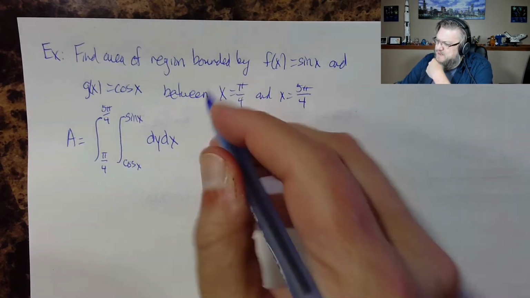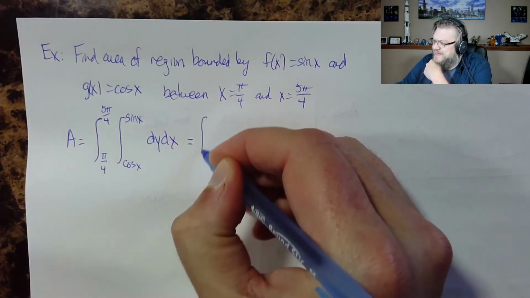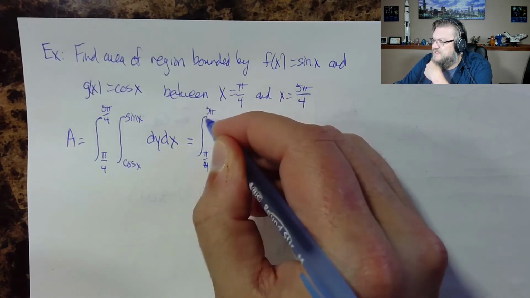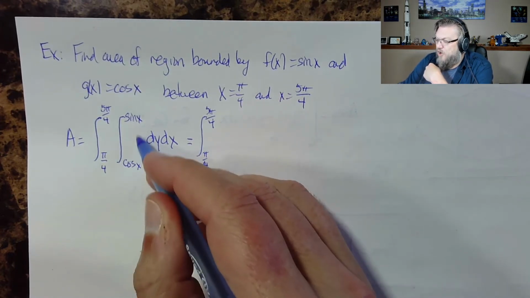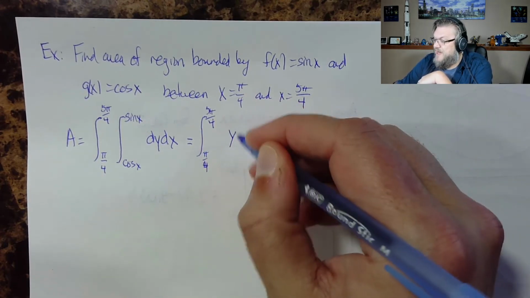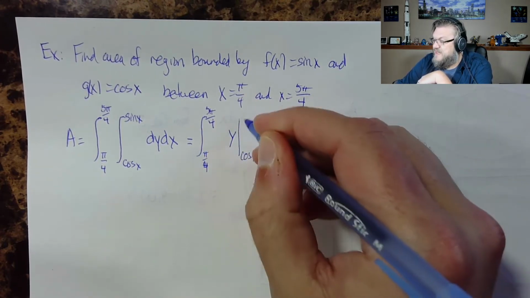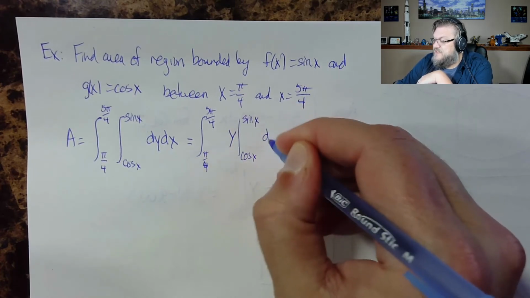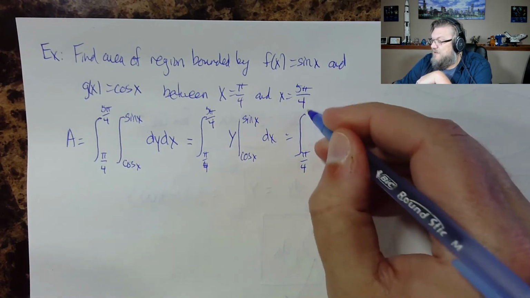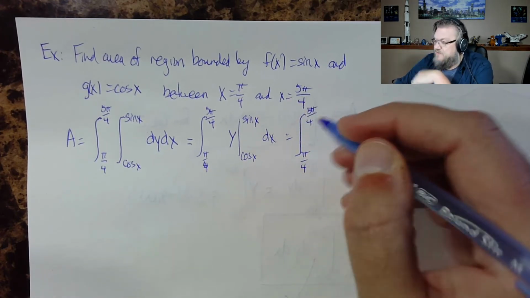Now, calculating this is going to be just like a Calc 1 or Calc 2 problem, because in an area context, this is always going to be a 1. So that first integration is always going to be trivial. It's going to be y from cosine to sine, which is literally just the difference of those two functions. And that's what we get with Calc 1's formula, or the beginning of Calc 2, right?